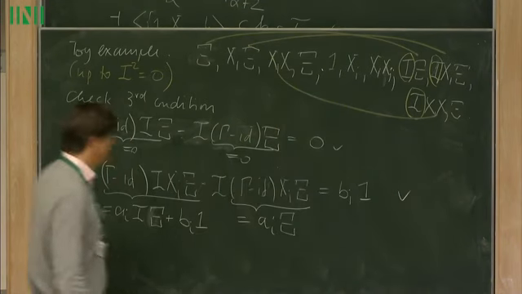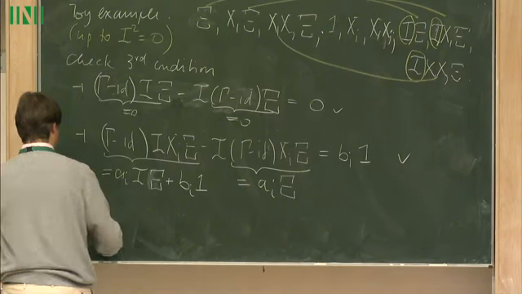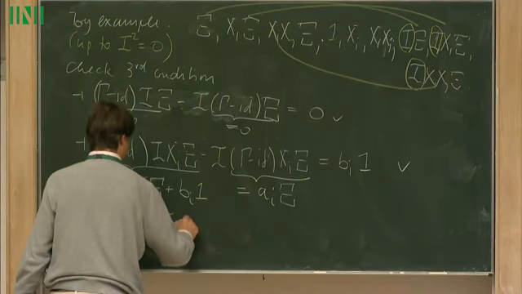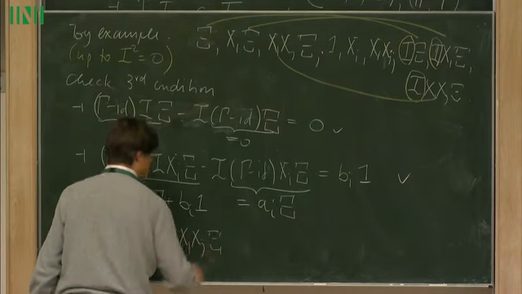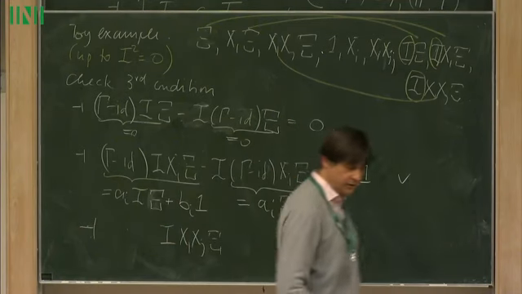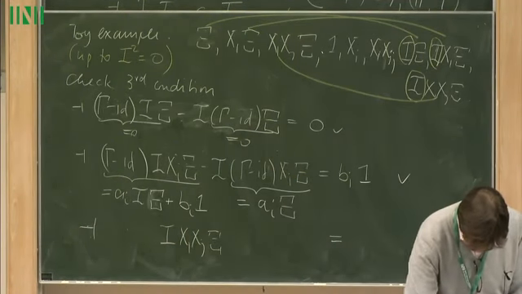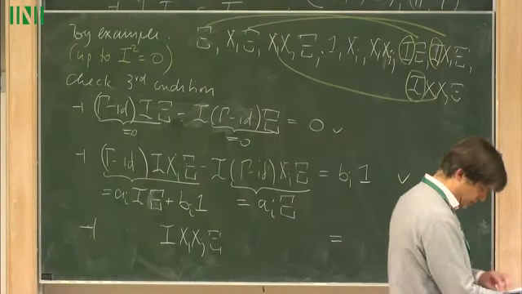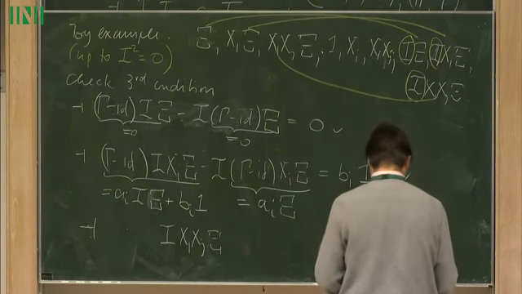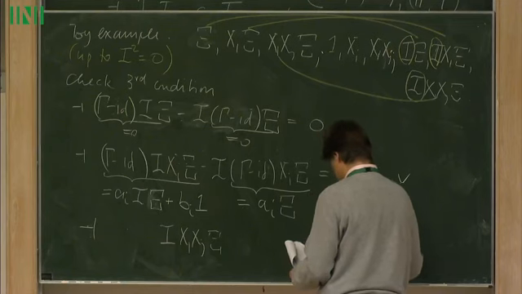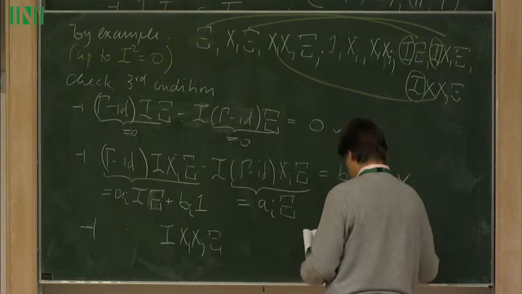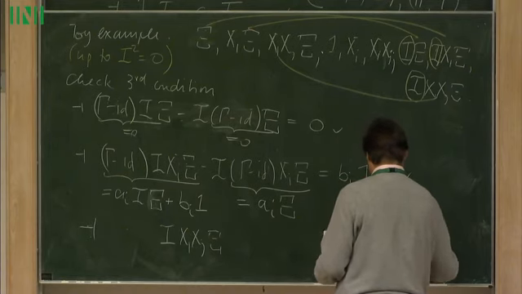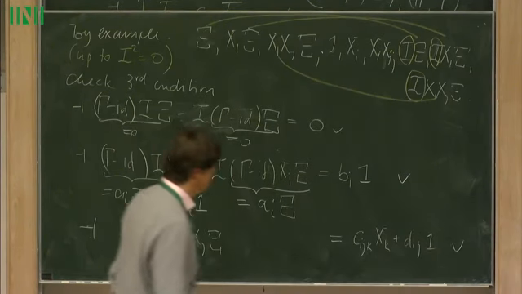That's okay because that's a polynomial. And now if you do the same thing for xi, xj, and I'm not going to do this, you get the answer that this is equal to some constants c_ijk x_k plus d_ij times 1, which is again okay.